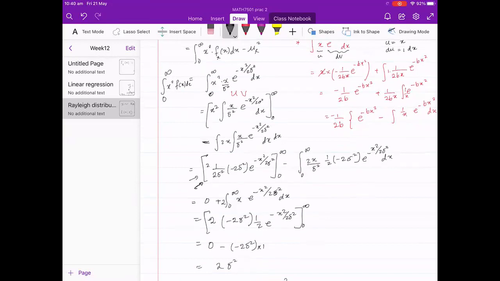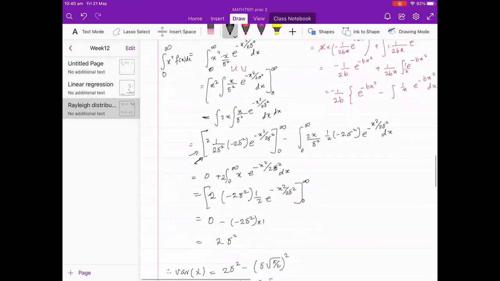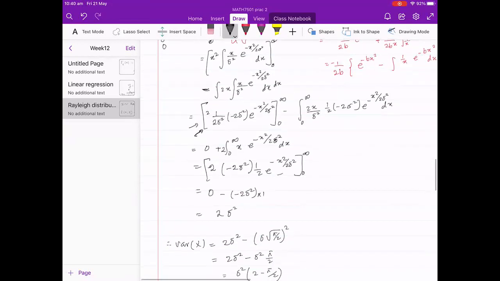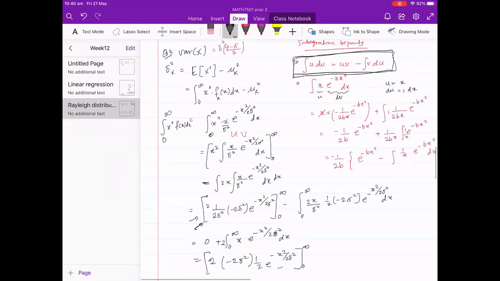Again, I need to evaluate the second integral, which gives me minus 2 sigma squared times one half e to the power minus x squared over 2 sigma squared, and then taking the limit as x goes to infinity and substituting 0 for the rest, I get 2 sigma squared. That is the second moment here.